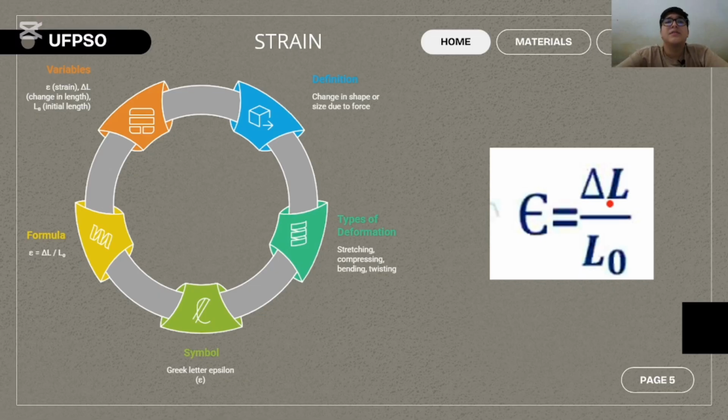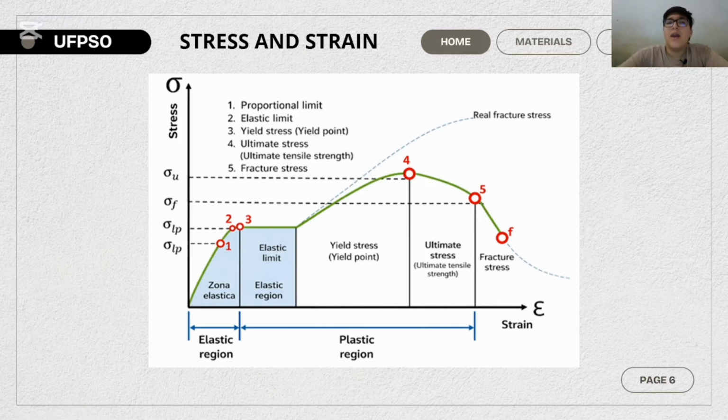This is the relationship between stress and strain. It describes how the shape of the material changes when a force is applied. When a force is applied to a material, it produces an internal stress that causes deformation in the material.